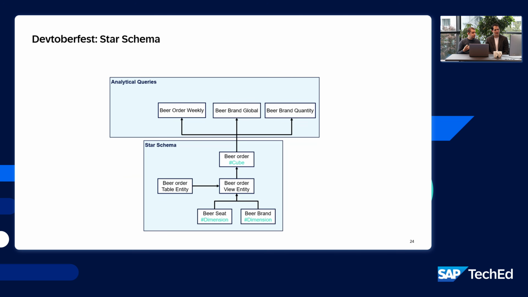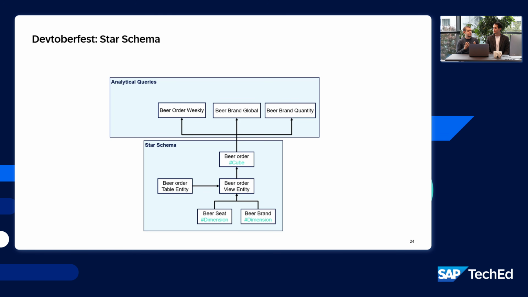So now for the 3 tasks, I would say maybe we just create 3 different analytical queries, or we enhance. For each use case, pretty much, right? Exactly, or of course you can also enhance some of them. So as we see, we've got 3 different analytical queries right now: the beer order weekly for the weekly comparisons, the beer brand global to see which beer from which region sells the best, and so to say.